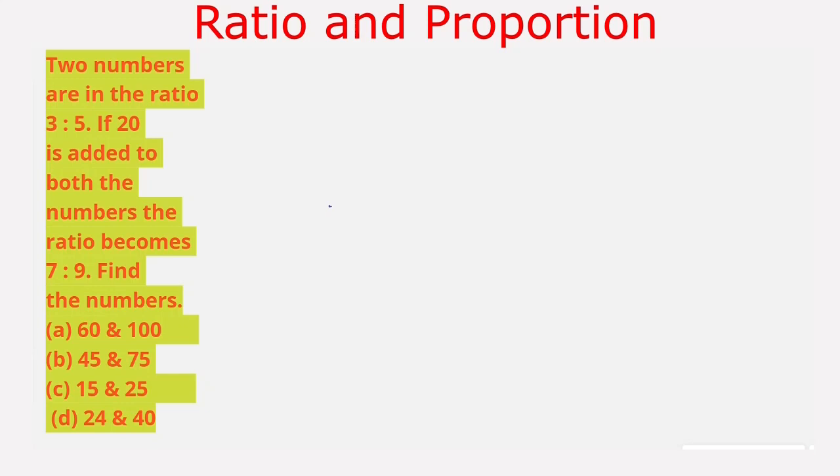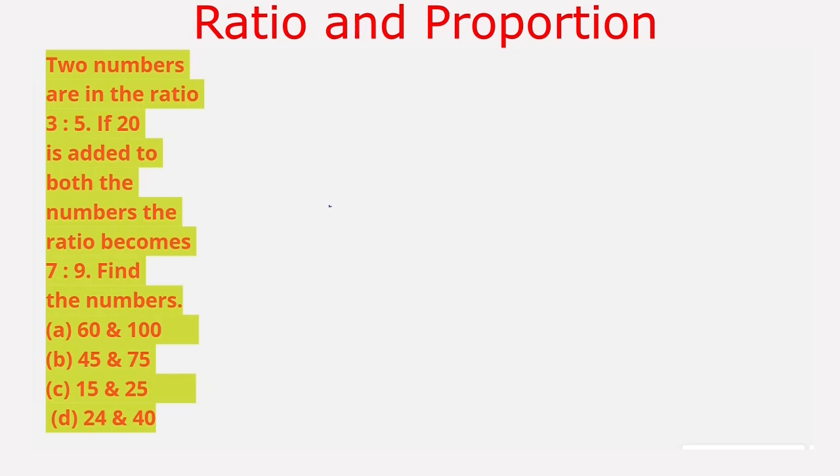If we add 20 to 75, it becomes 95. It is also not divisible by 9. And if we add 20 to 25, it becomes 45, which is divisible by 9. And if we add 20 to last option 40, then it becomes 60. This is also not divisible by 9. Hence, our option is option C, 15 and 25.